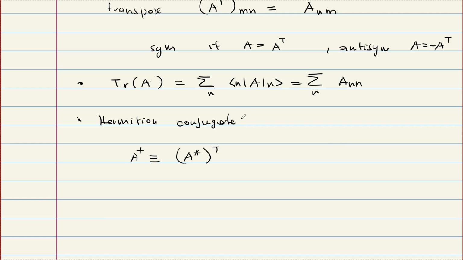Sometimes some resources call this the Hermitian adjoint. It's the same thing for us. For example, A dagger mn is equal to A nm complex conjugate. Look at the matrix in the nm index and just take the complex conjugate.